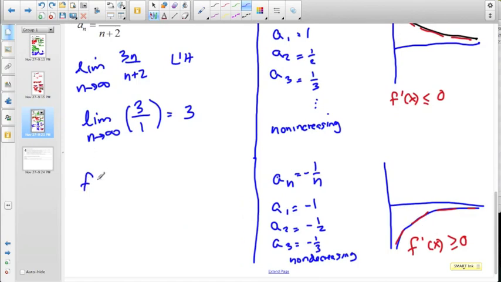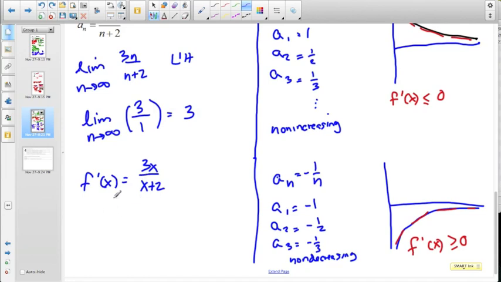So I'm going to find the derivative of this function. So this function is 3x over x plus 2. That gets to be a bit nasty of a derivative. Using the quotient rule, though, we take the derivative of the top times the bottom.